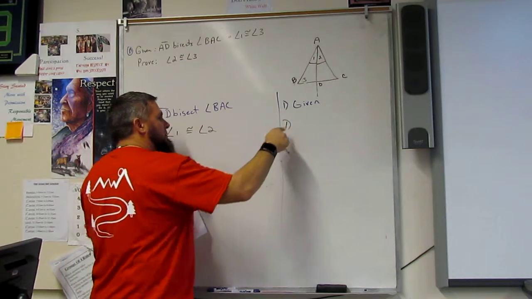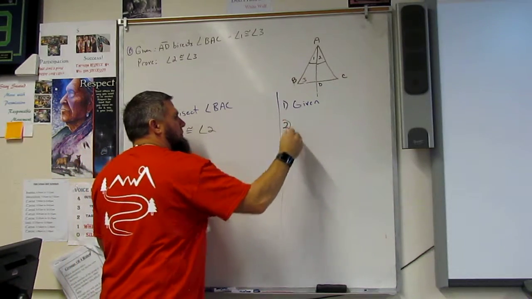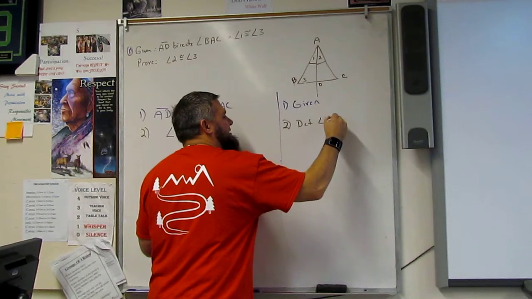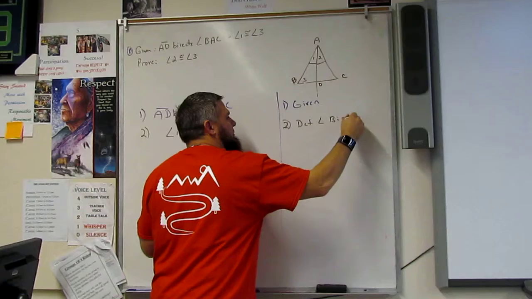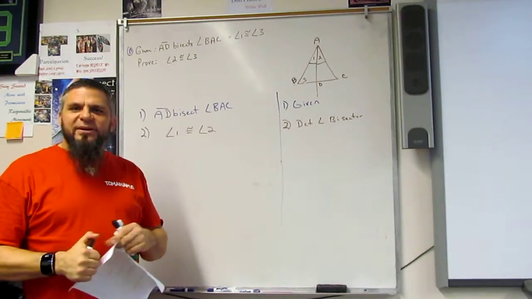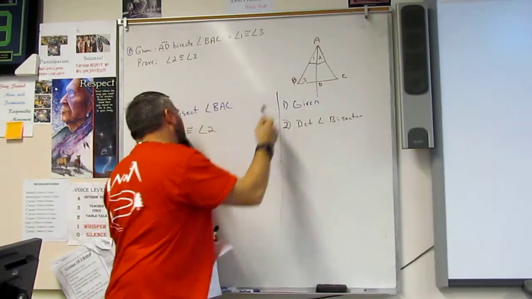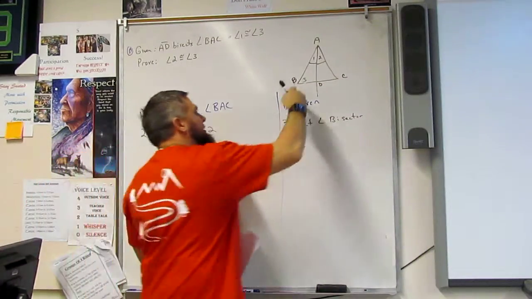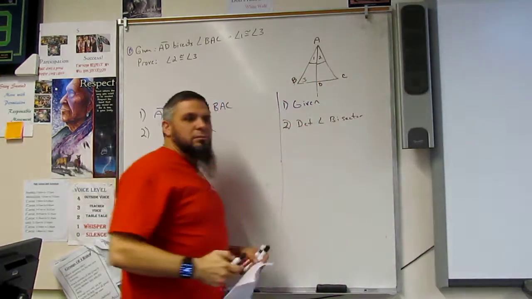By what? By definition of an angle bisector. Okay? By definition. These have to be congruent because I bisected it. I cut it in half. I cut this angle in half.